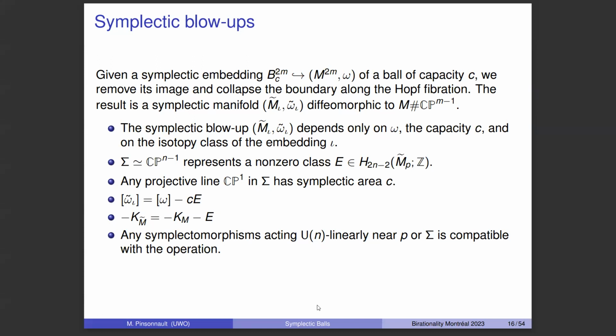And once you restrict yourself to these symplectomorphisms, then it's easy to see that they go through this construction, so they can be lifted to the blow-up, if you think of this as a surgery. And conversely, something that is acting U(n)-linearly near the exceptional divisor can be pushed back to the blow-down.